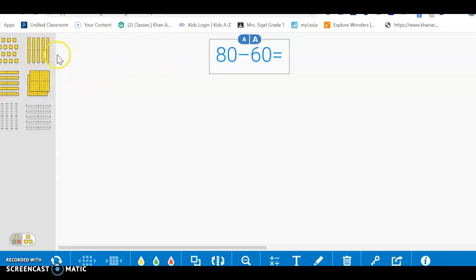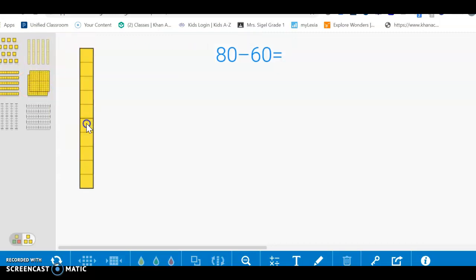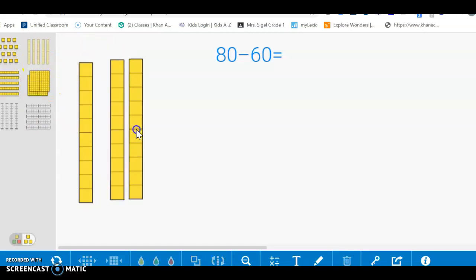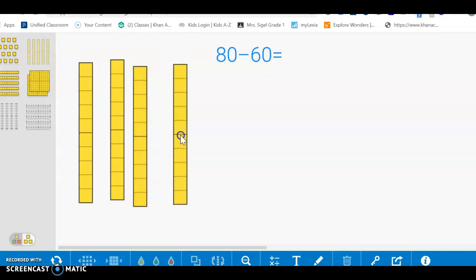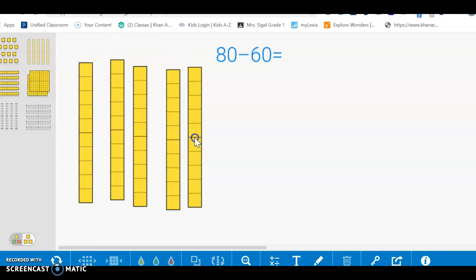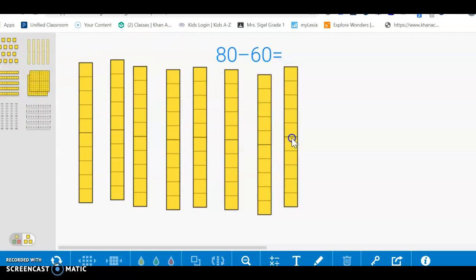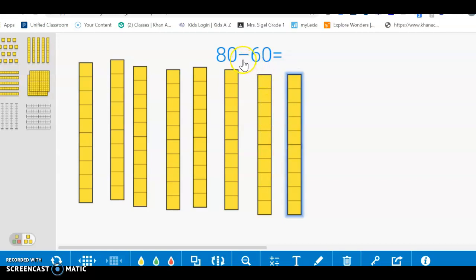Okay, so I'm going to count out 80 or 8 tens. 10, 20, 30, 40, 50, 60, 70, 80. Now I'm taking away. We're subtracting now, okay? All subtracting today. So 80 minus 60 equals.